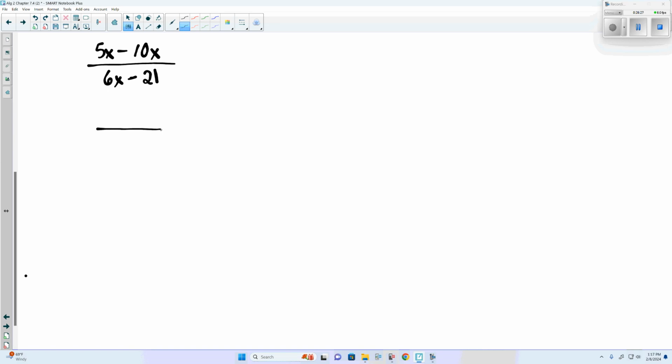5x minus 10x is negative 5x. Well, 6x and 21, we can't combine those, but can we simplify it? Can we factor it? Yeah. 6 and 21 have a common factor of 3.